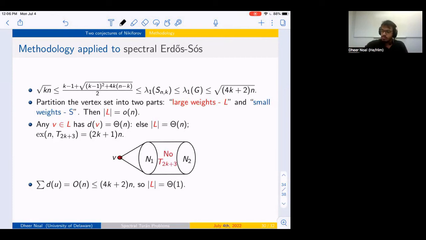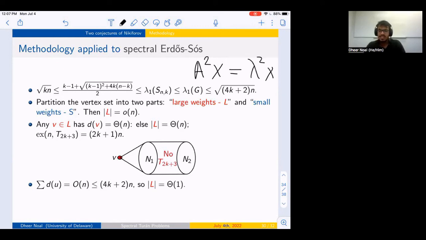And I mentioned how we get a lot of eigenvalue-eigenvector equations by just looking at the adjacency matrix times the Perron vector. We can also look at powers of the adjacency matrix. So we can look at A squared x, where x is the Perron vector, and A squared x equals lambda squared x.